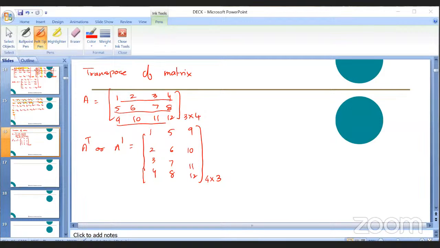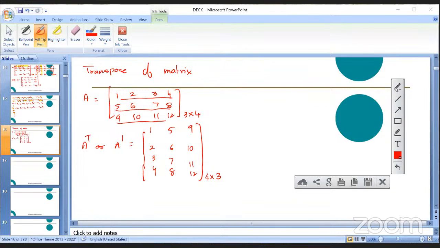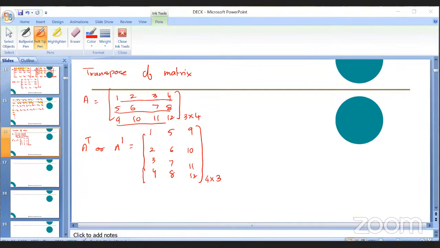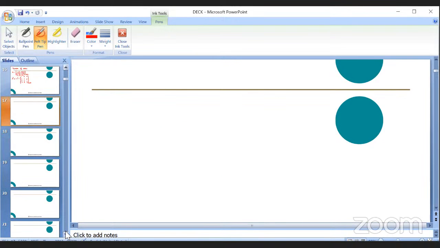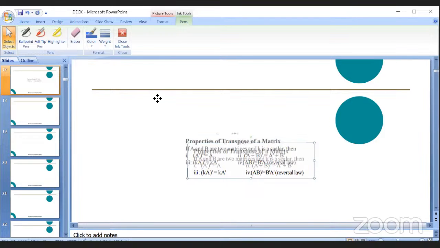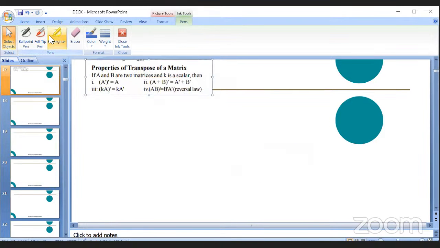Next, we have properties of transpose also. Properties of transpose means A dash, double dash, A dash whole dash will be A. A plus B whole dash is A dash plus B dash.